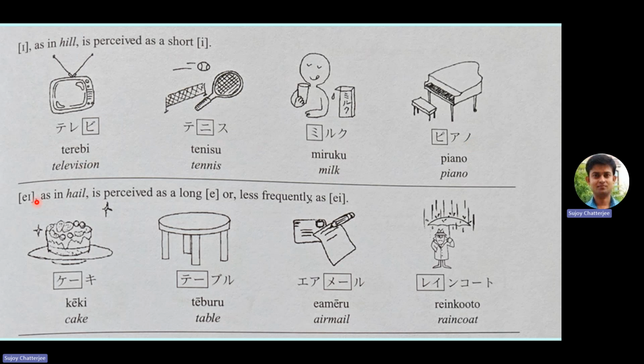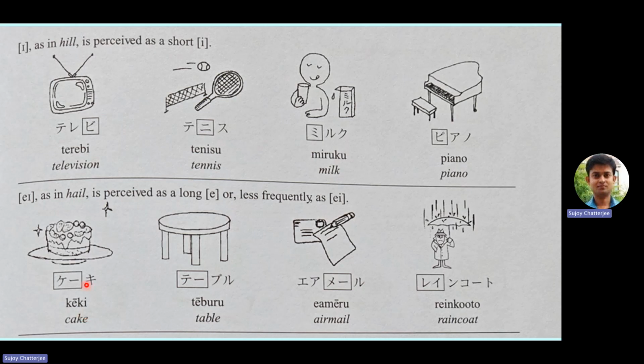Very simple. Then we have, for example, the sound in hail. Such a sound is perceived as a long E or, less frequently, as a. Here is the example, keiki.